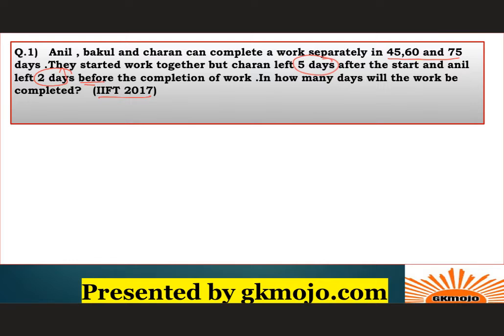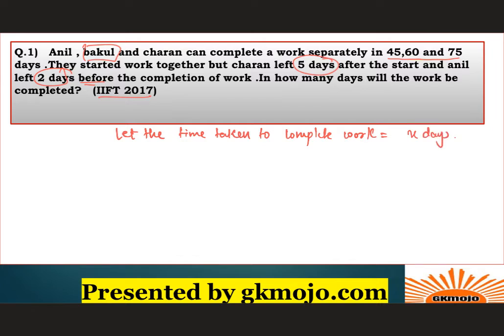Since no information has been given about Bakul, we have to assume that he worked during the complete period. So first of all, let the time taken to complete the work be x days.